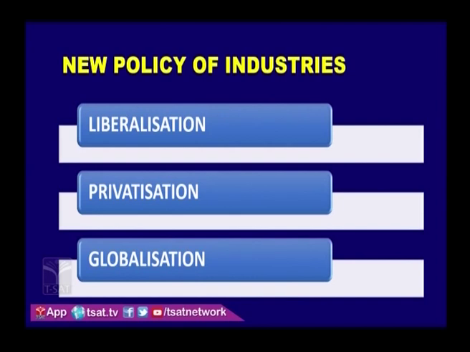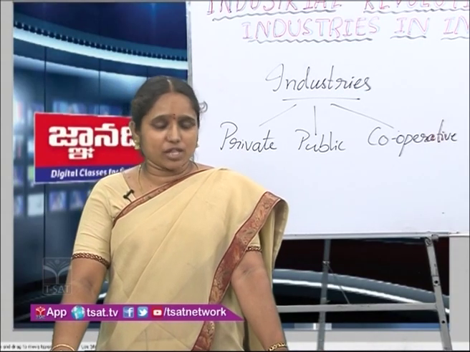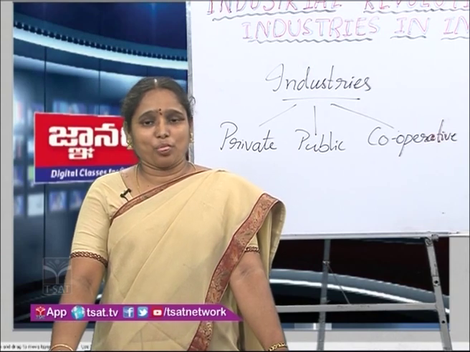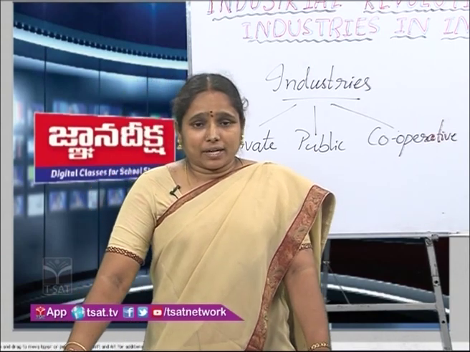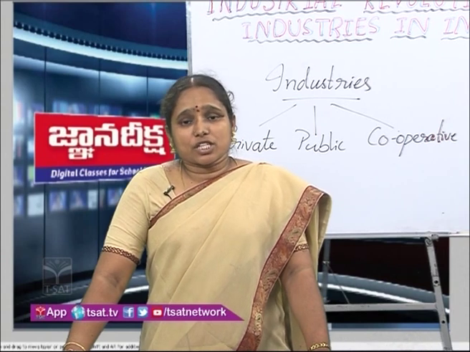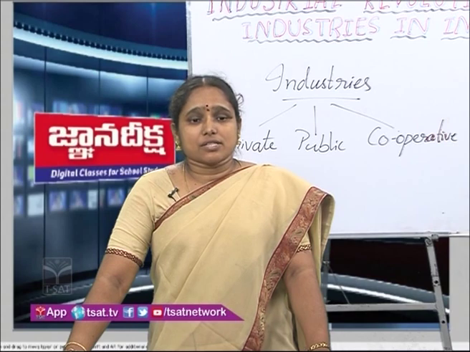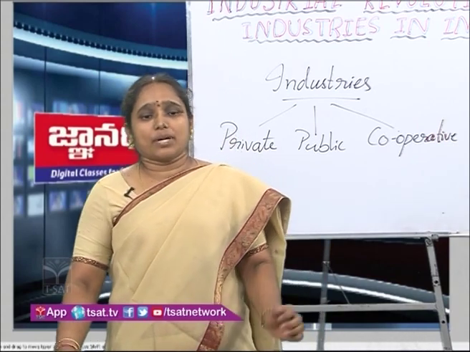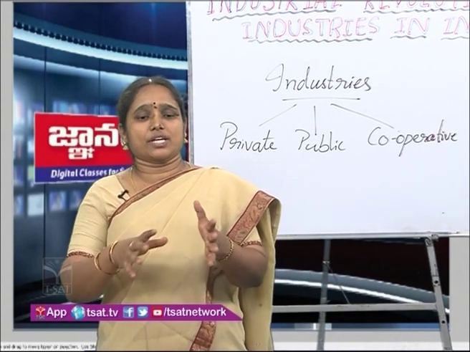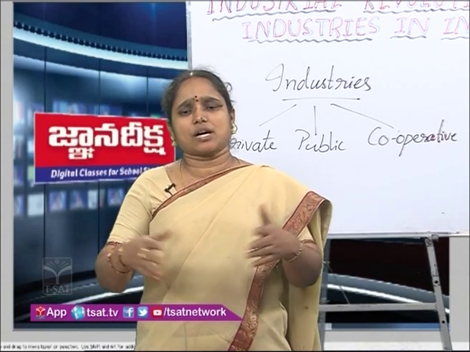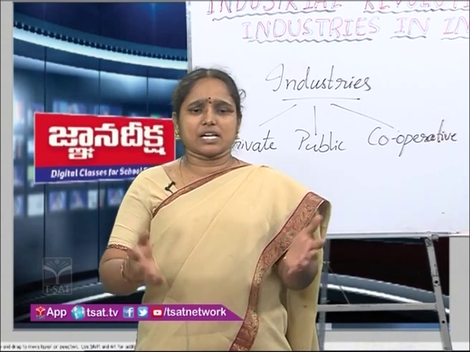When we speak about industries, it is very important for us to speak about the new policy of industries. When we got independence, the situation of industries was different. Let me explain with an example. If I, you or your friends together want to start an industry, can we just come together, gather some money and start an industry?